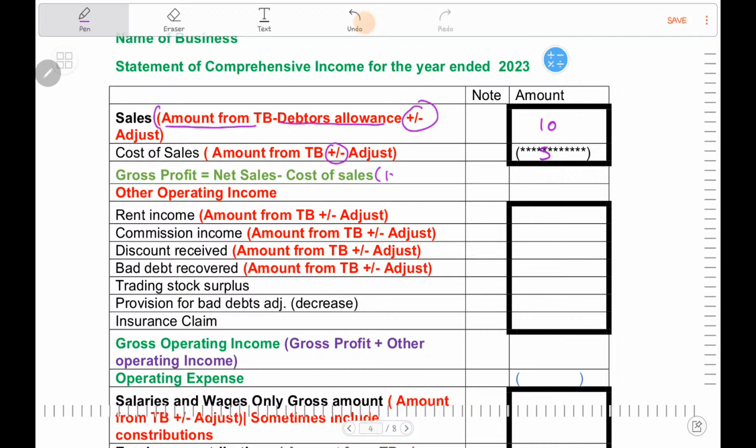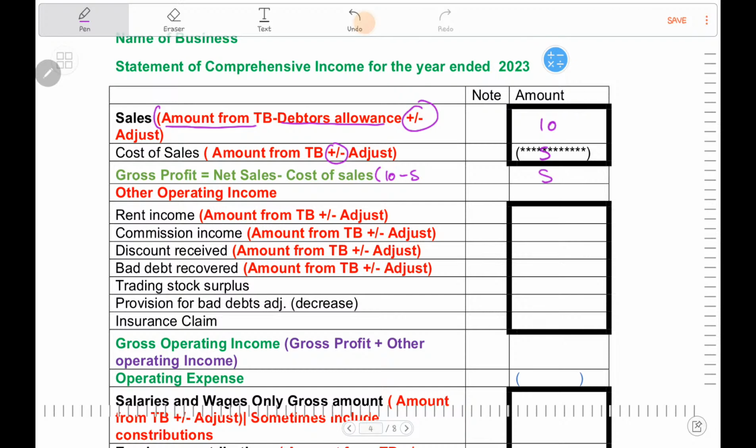So it will be 10 minus 5, then that gives us a gross profit of 5. So all of you should be able to do this one, even though you've adjusted wrong amounts, but the fact that you followed the procedure whereby you took the sales, then you subtracted the cost of sales, then that will give you the gross profit.